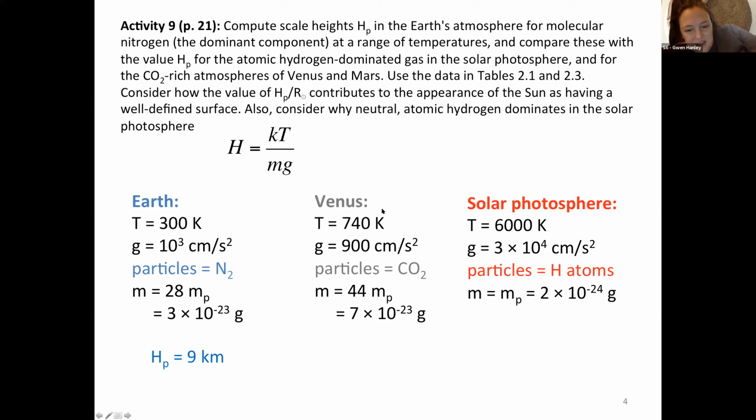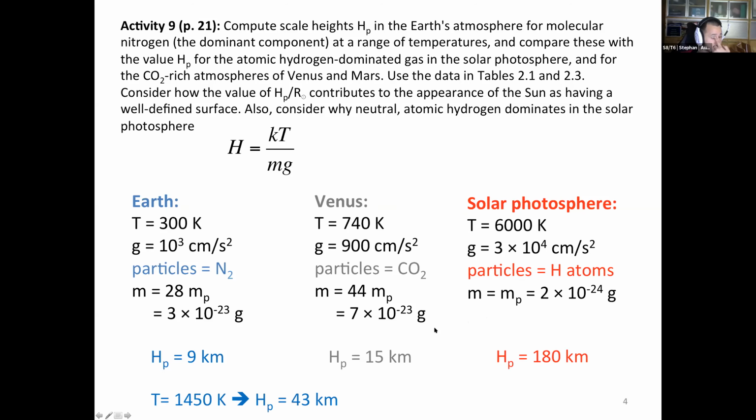We got about 15.7 kilometers. All right. I think I might have been a tad low, but 15 kilometers. Excellent. And group 8, the photosphere. Around 180. 180? Yeah. So there you have it, 180.